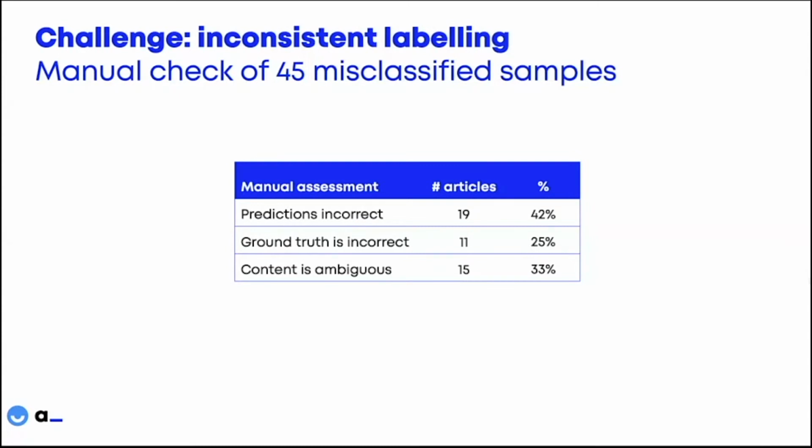And we discovered that only 42% of the errors from this mini set were because our model was wrong. The other almost 60% were mislabeled because either the ground truth was assigned incorrectly or the content was ambiguous, which means that either our prediction or the ground truth was as likely to be correct.